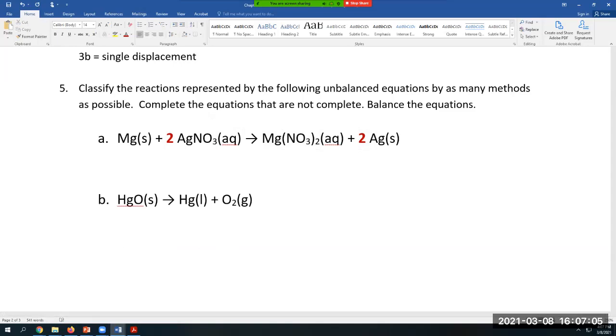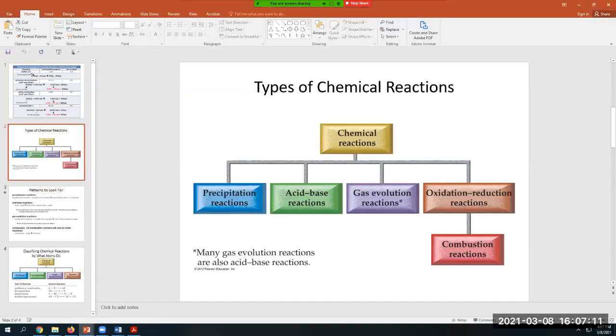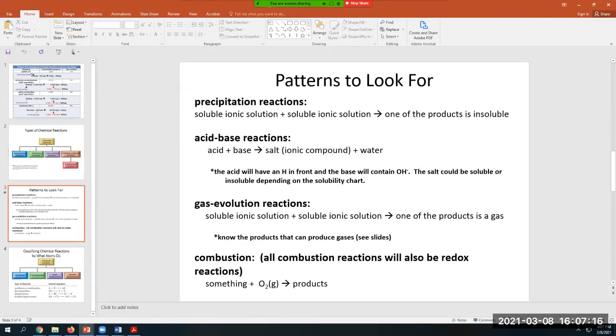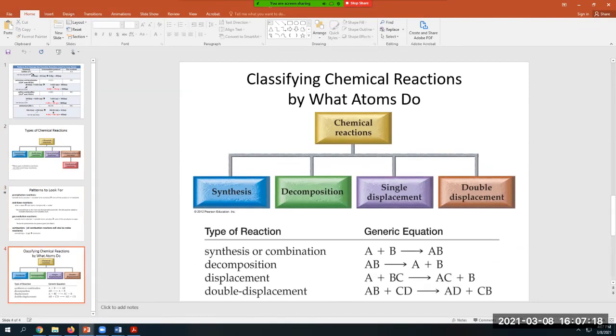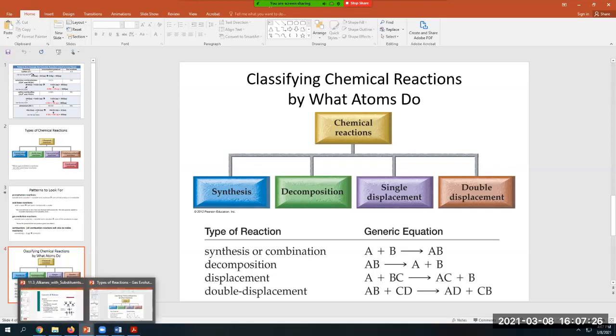Now we need to classify by as many methods as possible. That means you need to classify using this way of classifying reactions, and also using this one: synthesis, decomposition, single displacement, and double displacement. So they have to be classified at least in 2 ways.